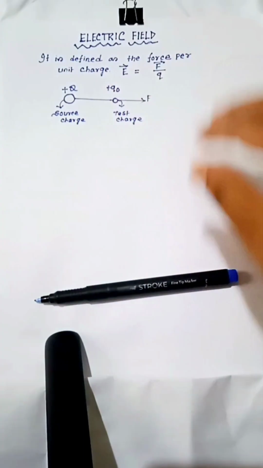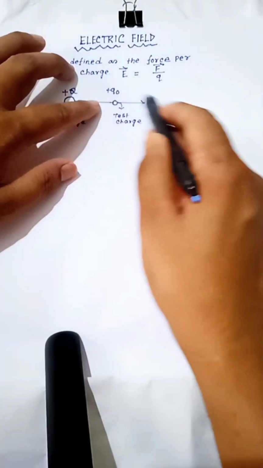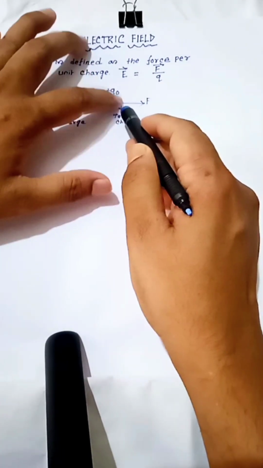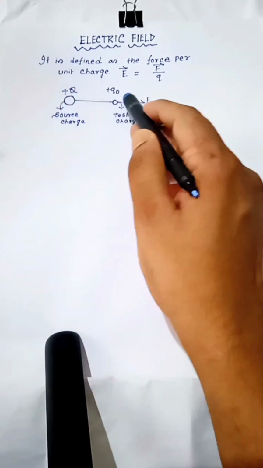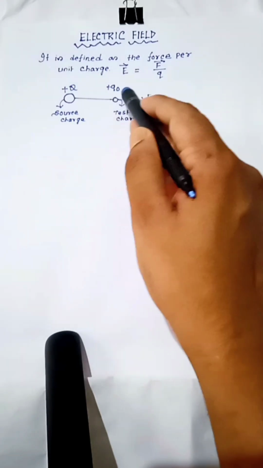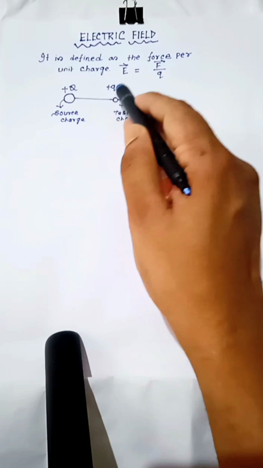In order to check this, we are bringing a test charge Q0 in the field region of this plus Q charge, that is the source charge. So when we are bringing a test charge Q0, look at this. Here this test charge we have considered as small q0.